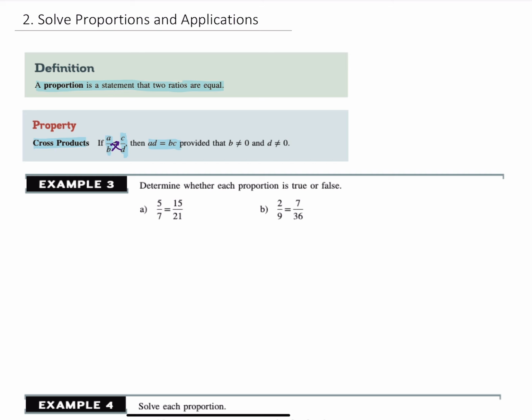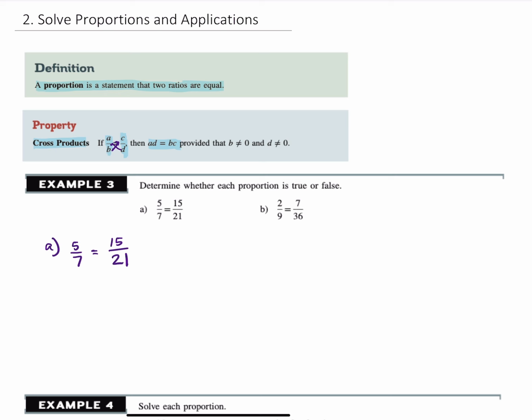But you can use this cross product idea in order to see if you get something equal to the same thing, something equal to itself. And I'll show you what I mean. So for A, we're starting with 5 over 7, and this is equal to 15 over 21.